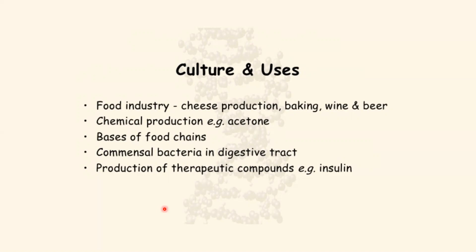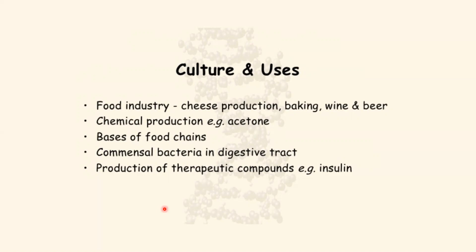The basis of food chains, they make the basis of food chains. This is where the food chain starts from. So they play a very important role in shaping our ecosystem. Commensal bacteria in your digestive tract: yes, there are a lot of bacteria which release important chemicals to help your digestive system digest the food.